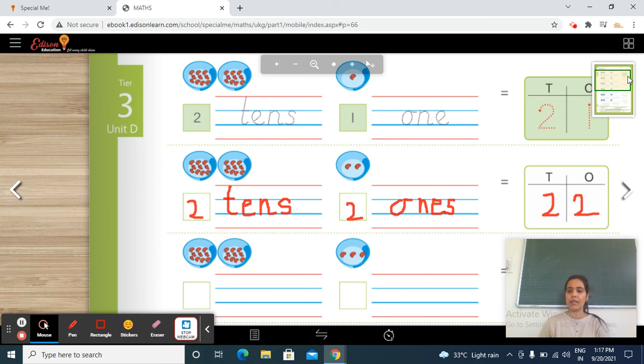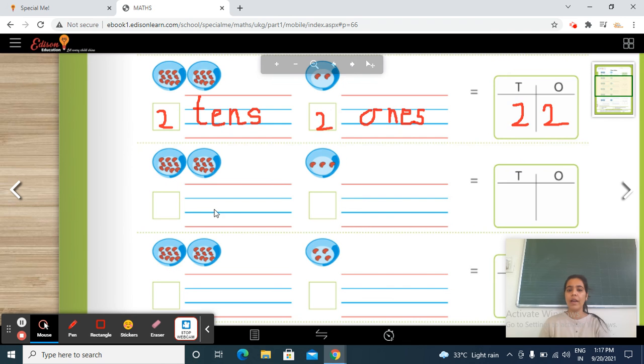Now come to the next part. Here we will count, there are again two tens. So we will write two in the given space. We have to write the number, and in this space we will write the place values. Two tens, tens is your place value. And how many ones, students? Tell me, hurry up.